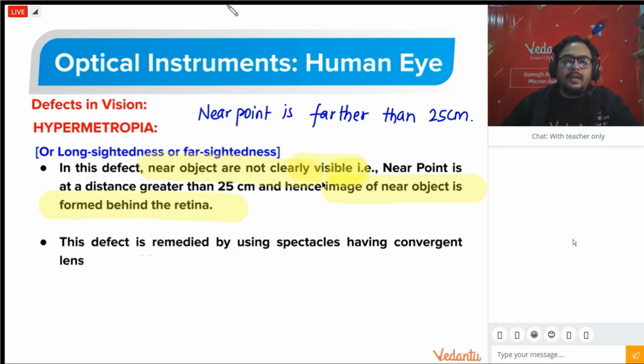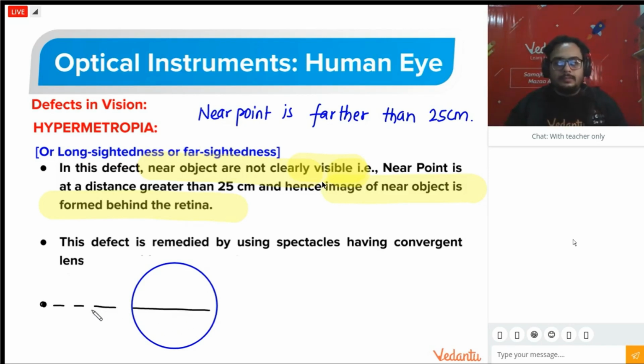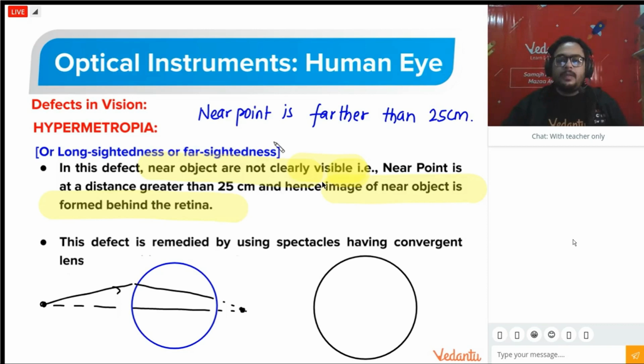So if I try to make the eye, with my excellent making skills, basically the image is being formed behind the retina. So in order to correct it, human beings simply put a converging lens in front of their eye.